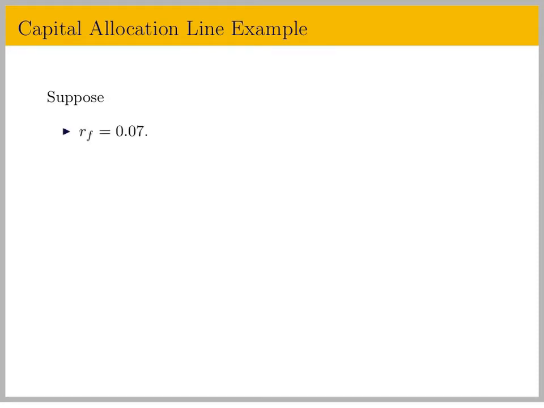So let's suppose that the risk-free rate is 7% per year, that the expected return to some portfolio is 15% per year, and that the volatility of that portfolio is 22% per year.